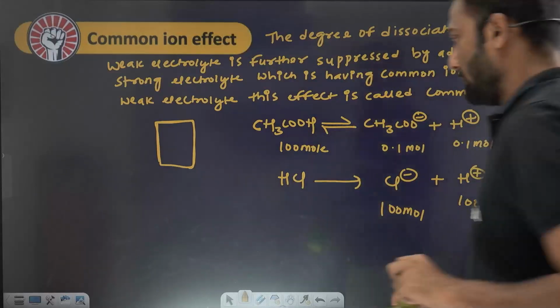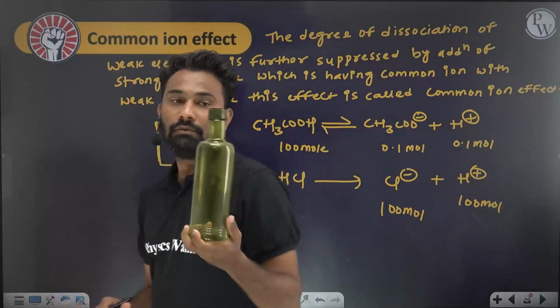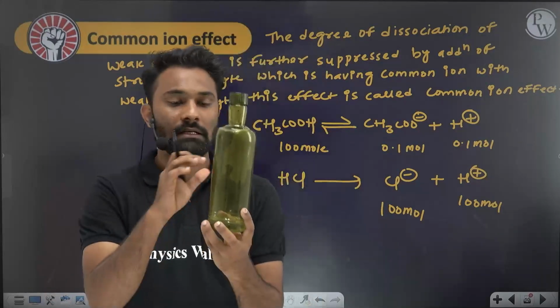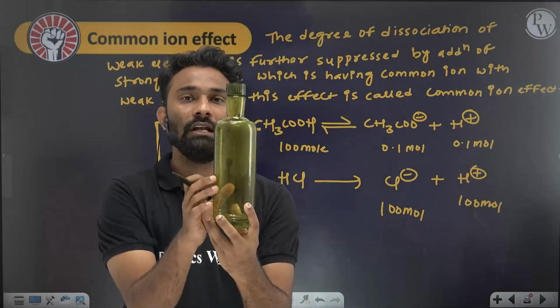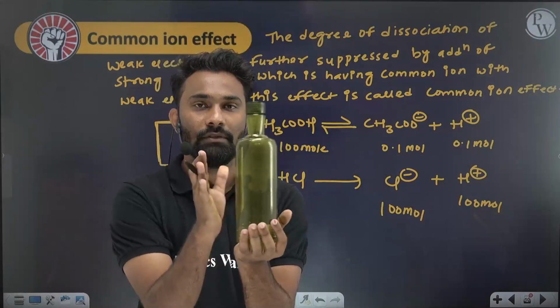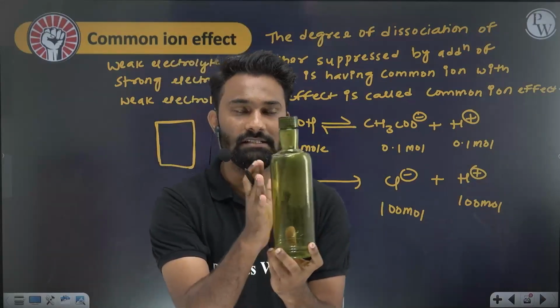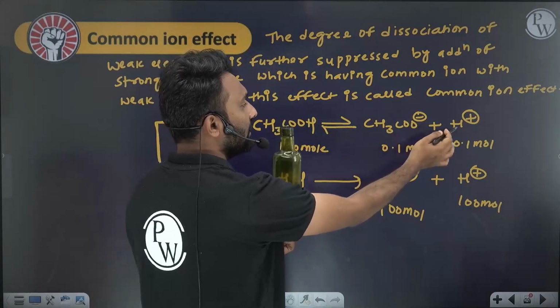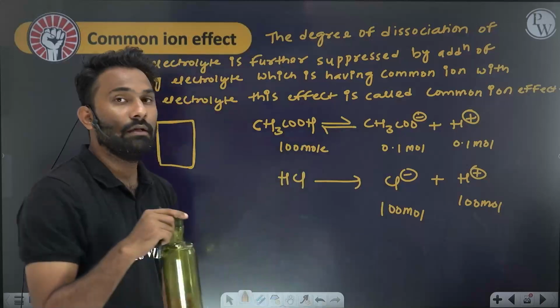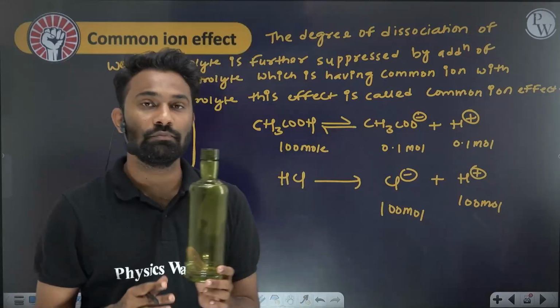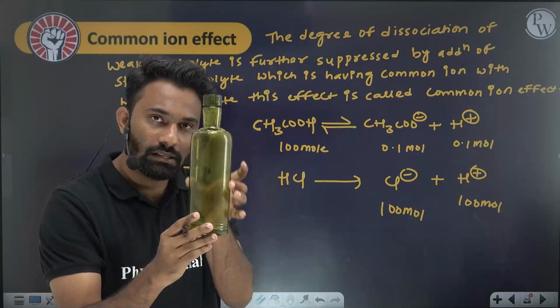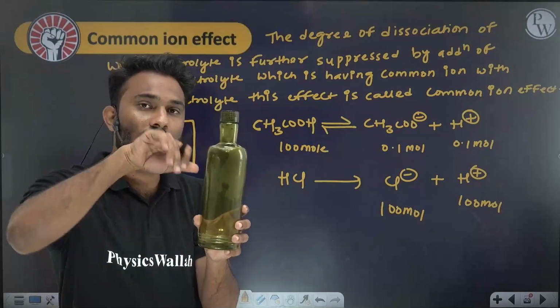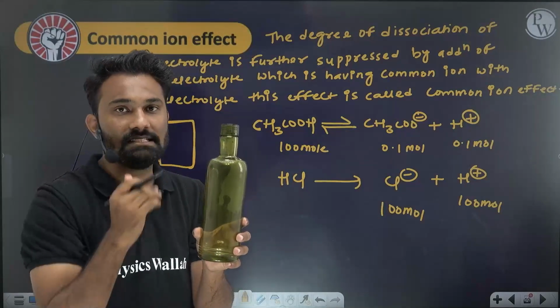see this bottle, just assume in this bottle there is first acetic acid. Now the acetic acid has been converted into acetate ion and H plus ion. That is a weak electrolyte. Now to this acetic acid, I added HCl which has the common ion.